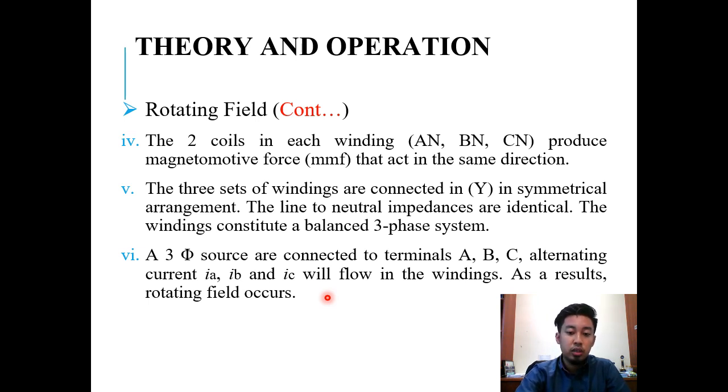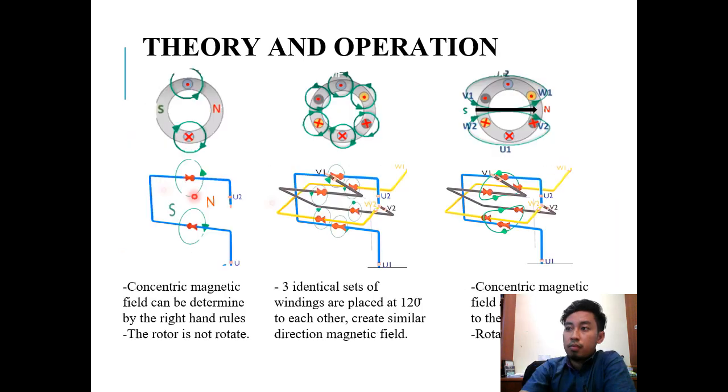Once the current flows in the winding, it produces a rotating field. You can refer to figure 1. This is the basic theory of operation of the induction motor.